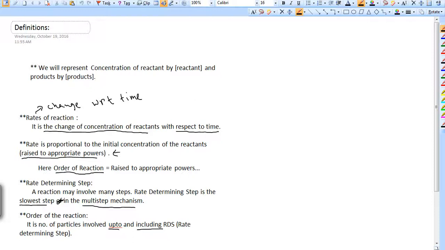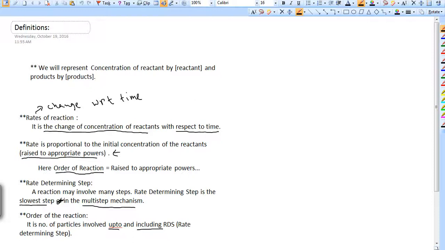We also know that rate is proportional to the initial concentration of reactants raised to appropriate powers. Here the appropriate powers simply mean the order of reaction.